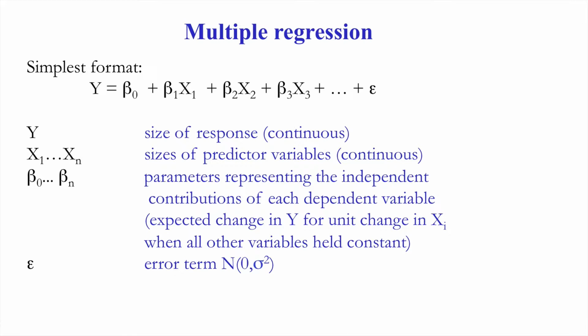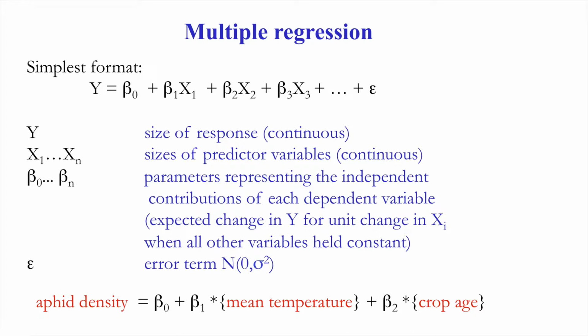They're all continuous. The beta coefficients refer to an intercept and then all of the gradients, each associated with these different predictors. And being a general linear model, we are assuming that the model isn't perfect and there is variability around that fitted model, which we assume to be normally distributed variability with a fixed variance, hence N(0, sigma squared).